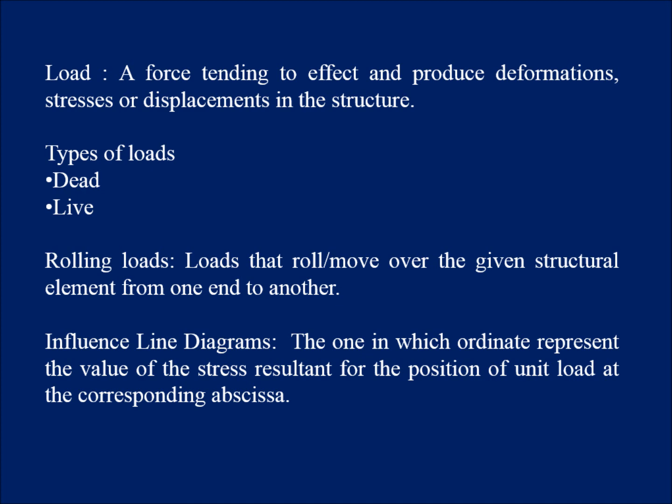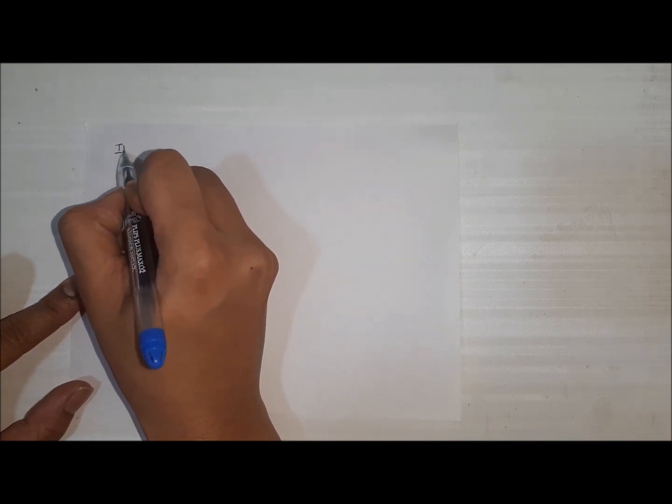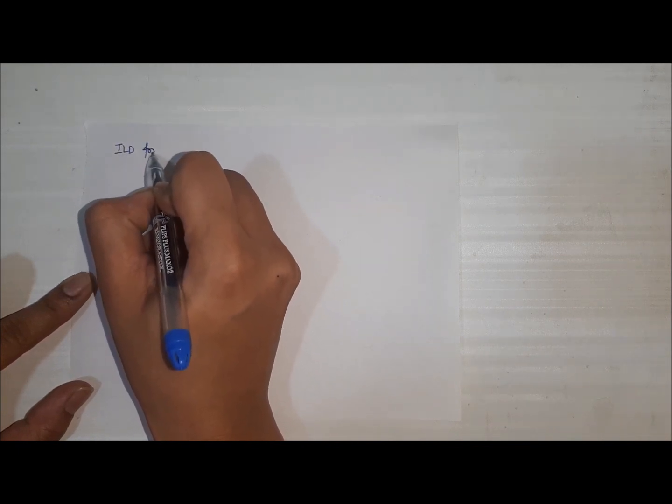The following videos will show the ILDs for simply supported beams, cantilever beams, overhanging beams, double overhanging beams, and concept has been introduced to plot the ILDs for three hinged arches. So now we are starting with the ILDs for simply supported beams.